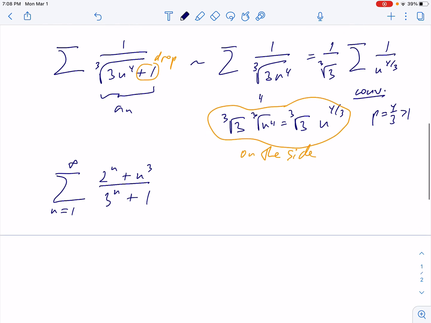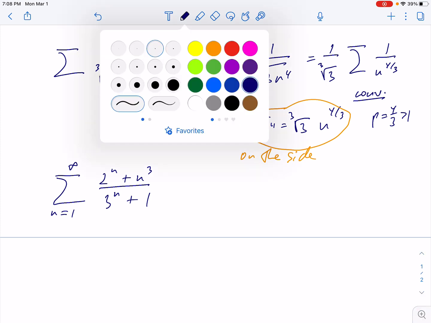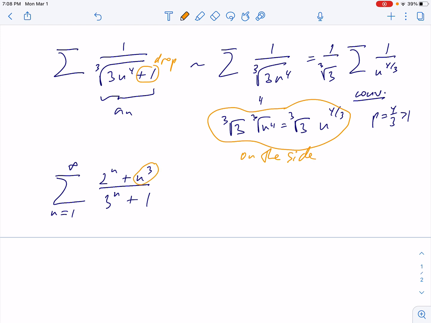Now, how to deal with this series? On the top, we keep the term that grows fastest. And this is the exponential. So I shall drop n cubed. And below I shall drop this one.